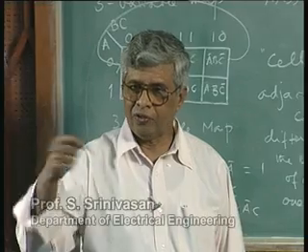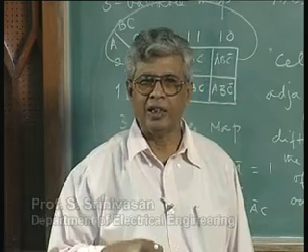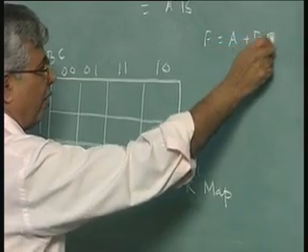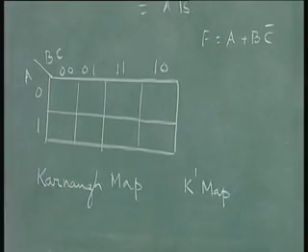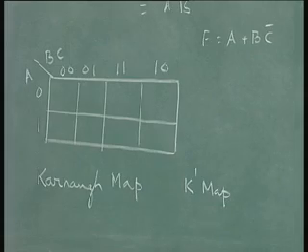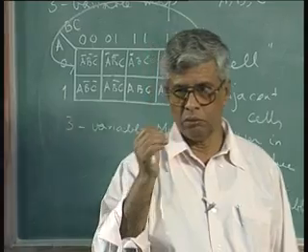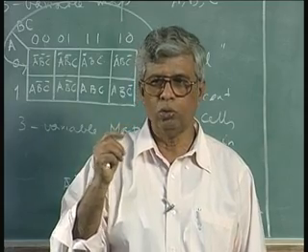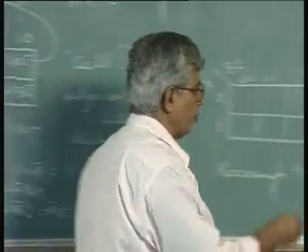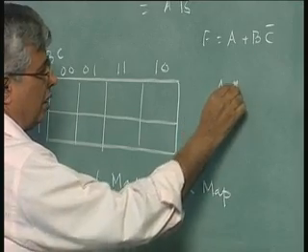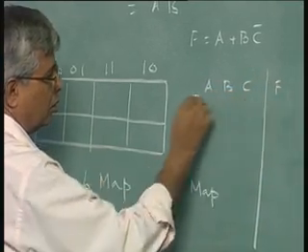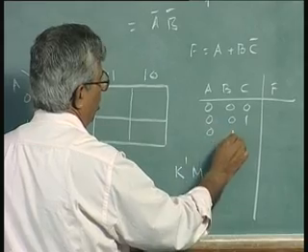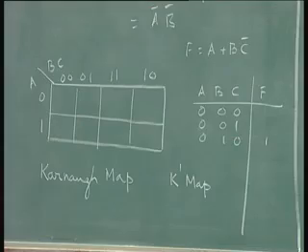So, let us apply that function in the truth table that we had originally for f is equal to A plus B C bar. Which are the entries of the truth table which were 1 in the output? You remember A, B, C, this is the truth table. This was a 1, B, C bar.